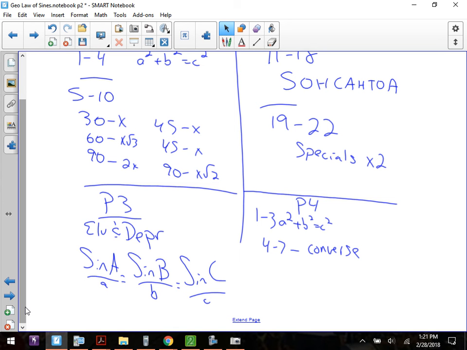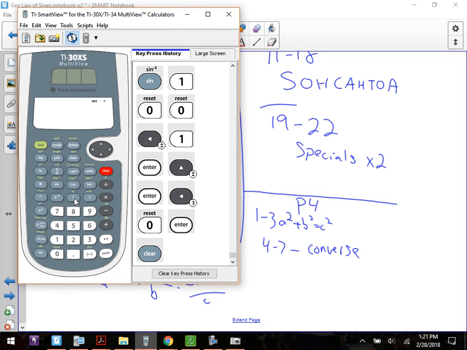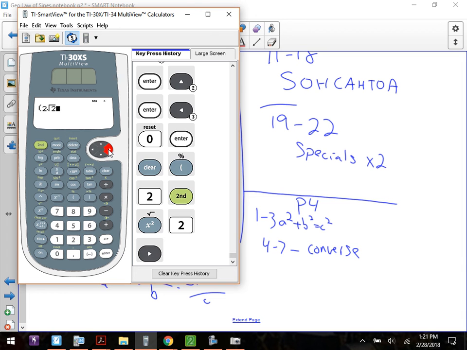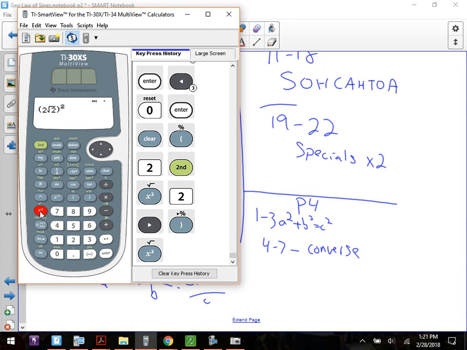You have to put parentheses around it. Yeah, you have to put the whole thing in parentheses. Whenever you have roots, hey guys, this is a great question. Whenever you have square root stuff and you're trying to square it with a number in front, you have to put it in parentheses, okay?